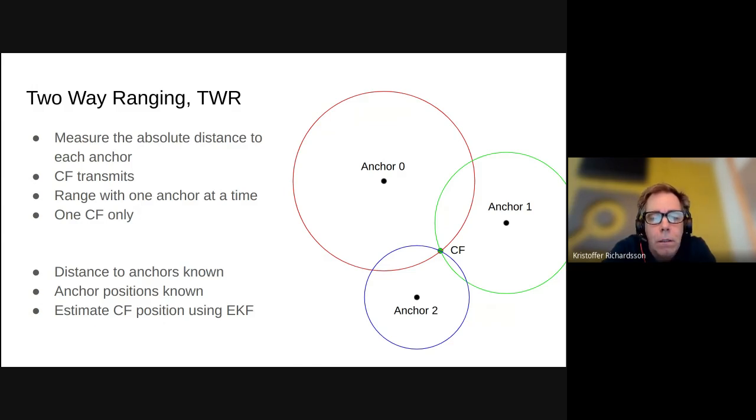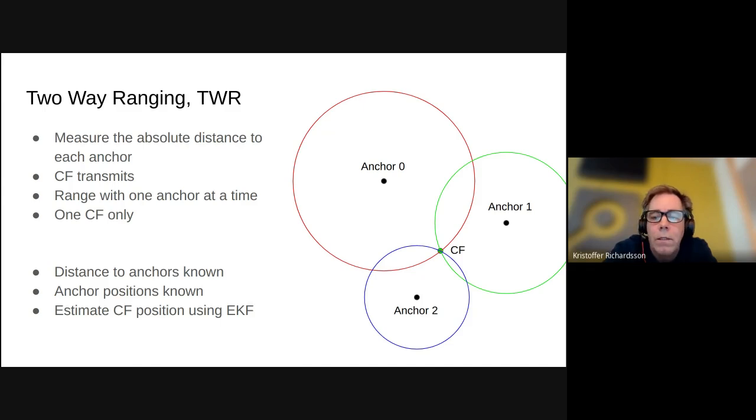Yes, and we measure the distance to the anchors. The other factor that is required is to know where the anchors are located as well, and this is something that's typically measured manually. And this data is stored in the anchor and transmitted to the Crazy Fly in the ultra-wideband packets.